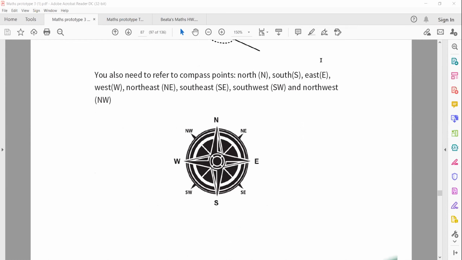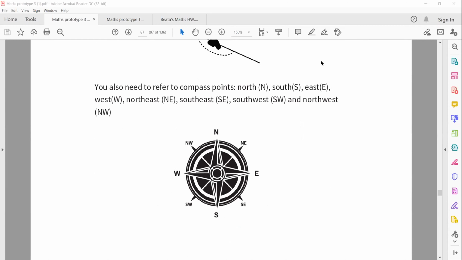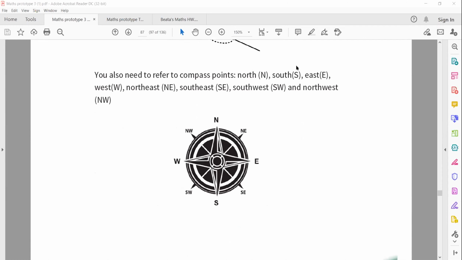Of course, they have drawn it for us, but we may add in these other points, because there are other points in between when you move from the north to the south, or from the north to the east.